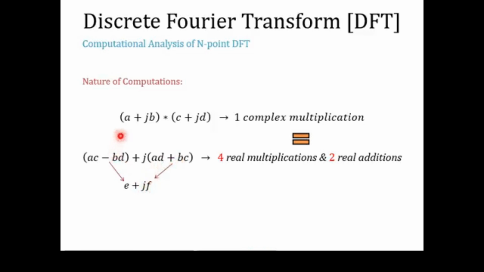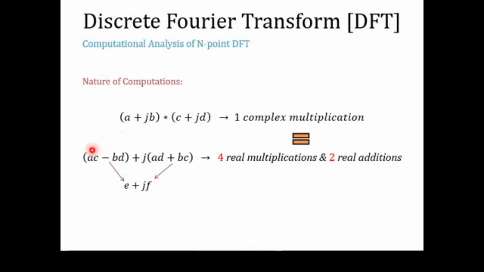So the result of the multiplication of two complex numbers is again another complex number, but how we have obtained this value, we have to count and identify the type of computations involved during multiplying two complex numbers.